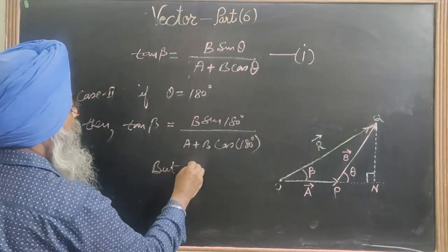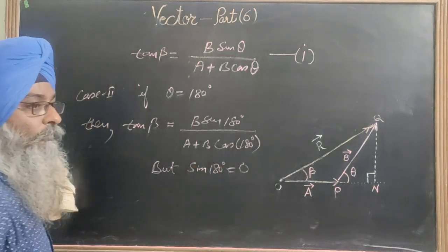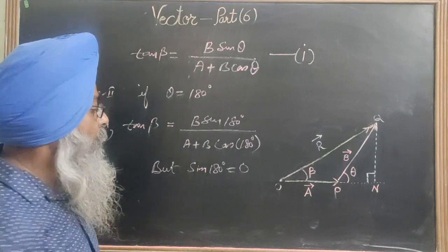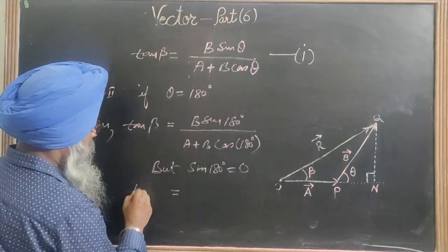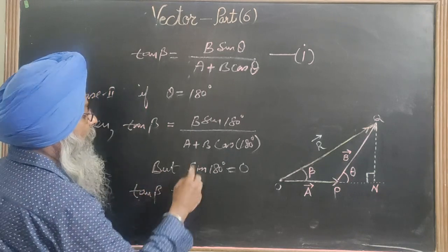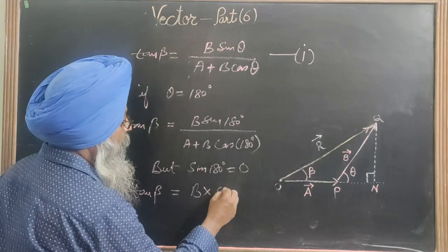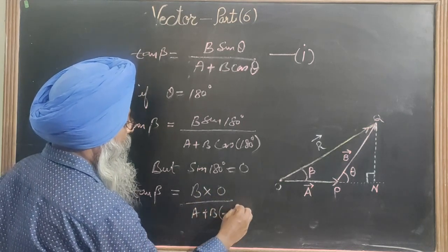But sine 180 degree is equal to 0. Sine 0 is 0, sine 180 degree is also equal to 0, and it will become tan beta equal to B multiplied by 0 divided by A plus B times minus 1.